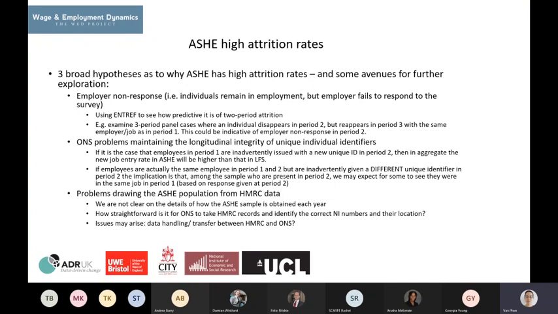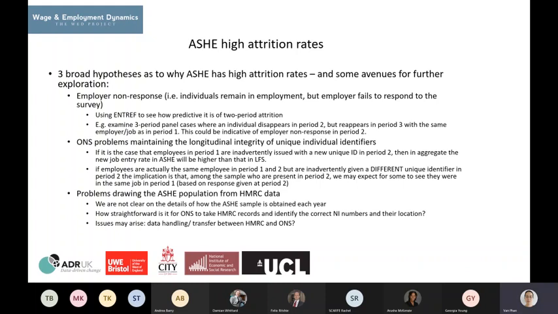The investigation that we may do is to use the NREF to see how the attrition looks over the two periods, or we can even examine the 3-period panel cases where the individual disappears in period 2 but reappears in period 3 with the same employer or the same job as period 1. So this could be indicative of employer non-response in period 2.